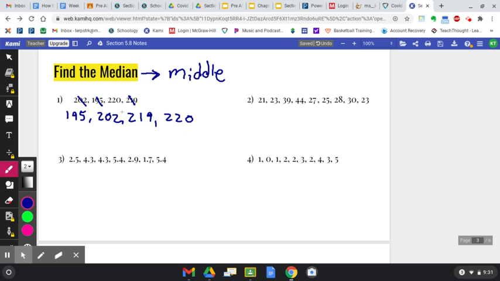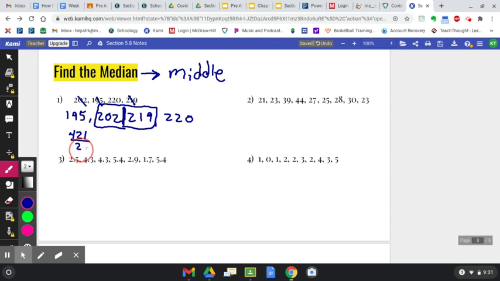So the middle would be right here, with 2 on the left and 2 on the right, but there's no single middle point because there's an even number of data points. So what I want to do is find out what 202 plus 219 is, and we should get 421.